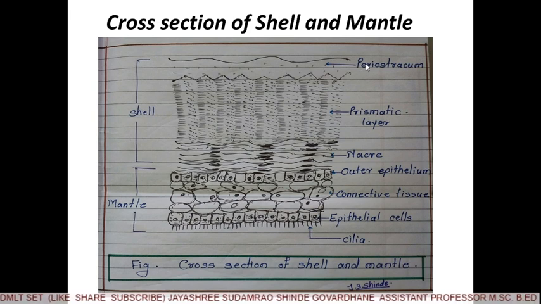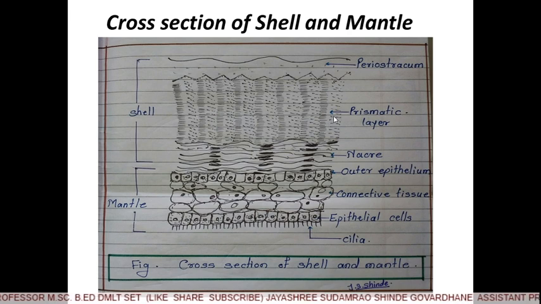First the periostracum. It is the outermost thin layer. It is not calcified. It is made up of homogeneous organic material known as conchiolin. Usually it is lemon yellow or it may be greenish brown. This layer protects the calcareous layer from the corroding action of weak carbonic acids in water.